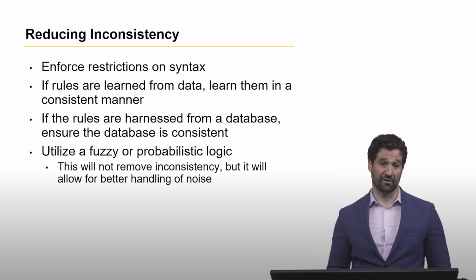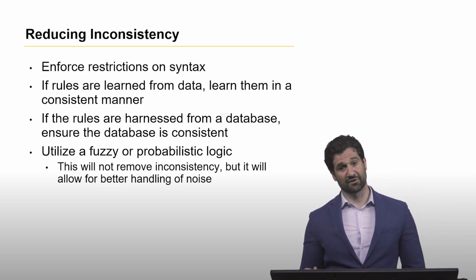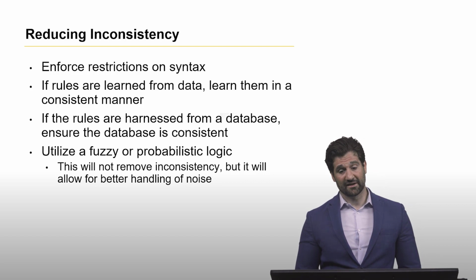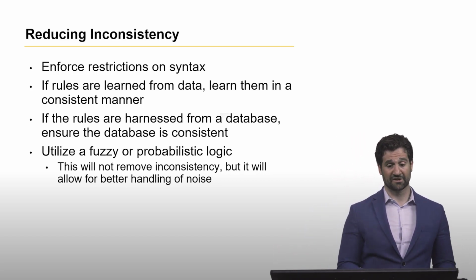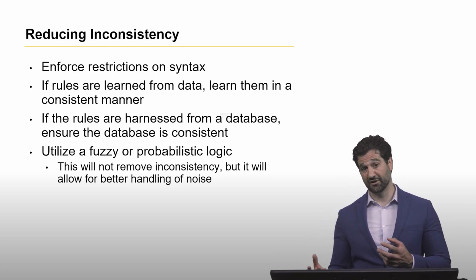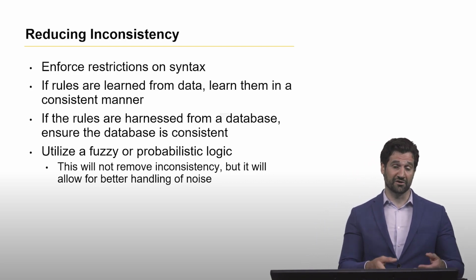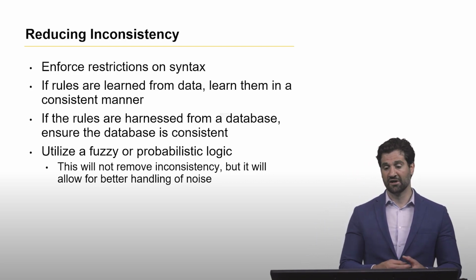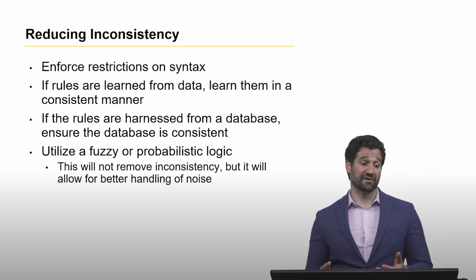that allow for more lax consistency requirements. Finally, a lot of inconsistency can just be a result of noisy data. And so using a probabilistic logic or a fuzzy logic that starts associating real values with truth or falsehood, as opposed to what we call a classical logic, which is what we've been studying to date, can also allow you to deal with this.